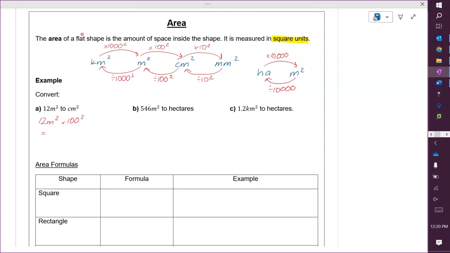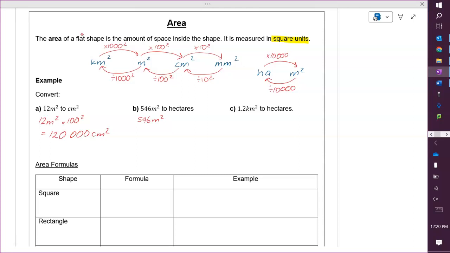So it means I'm multiplying it by 10,000. So then I'm going to go 120,000 centimetres squared.